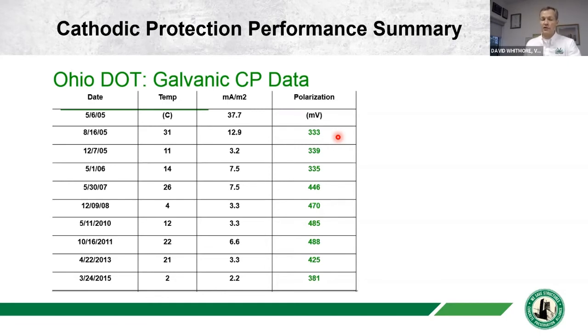If you do that, you can design it. We've got dozens of jobs that are meeting either the NACE or the European standard for cathodic protection in terms of primarily the polarization criteria, although in some cases you might be achieving the instant off potential criteria as well.